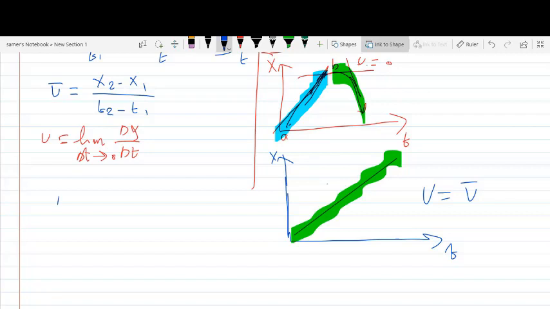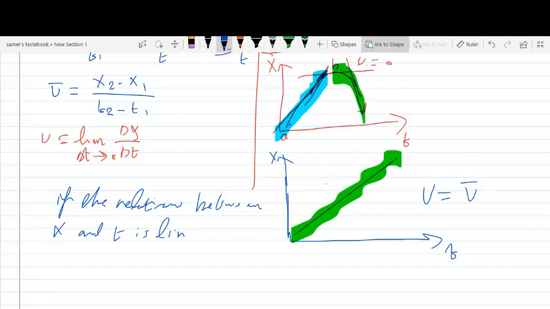If the relation between x and t is linear, then v instantaneous equals v average at any point.